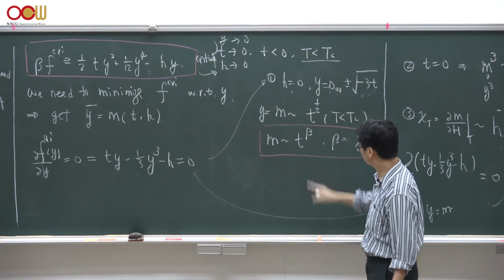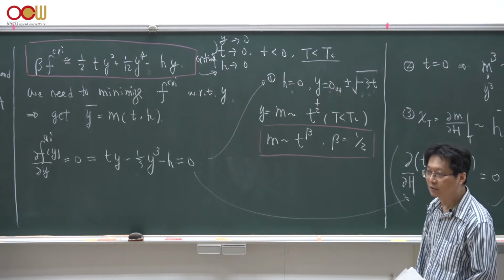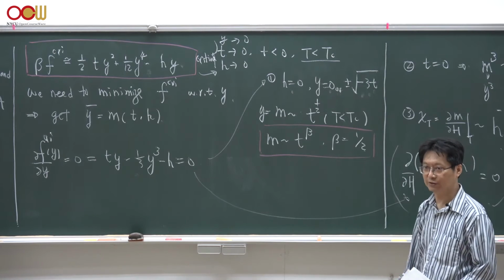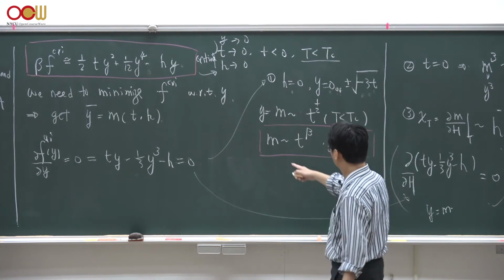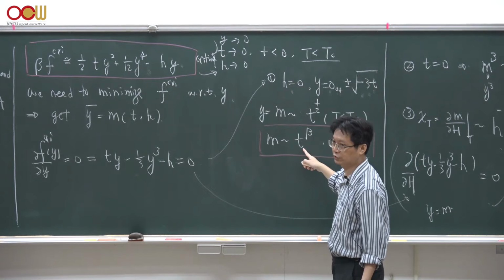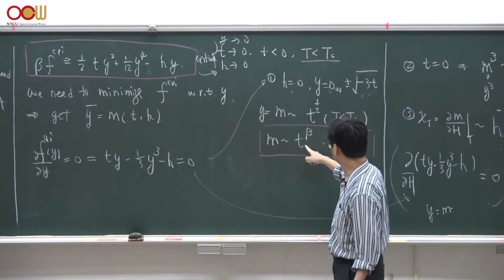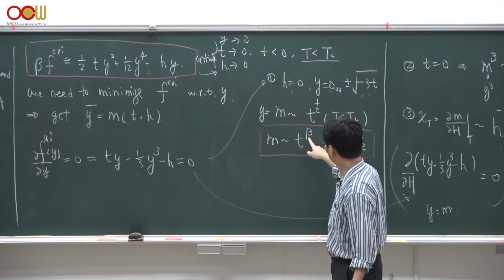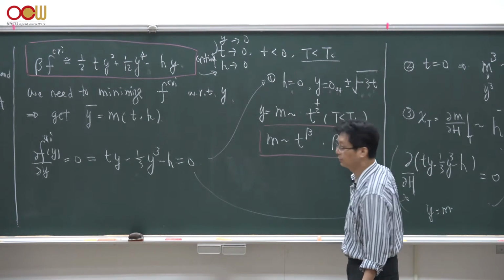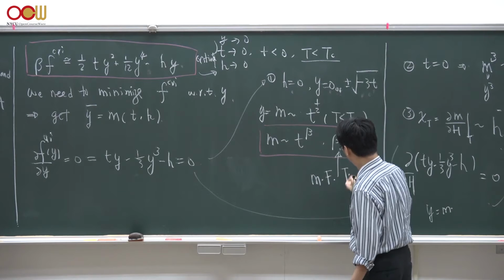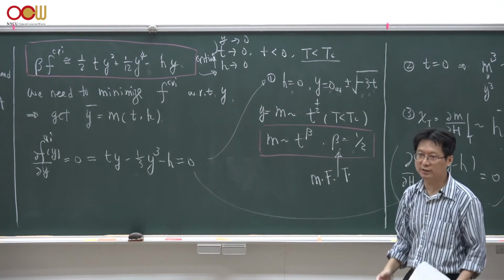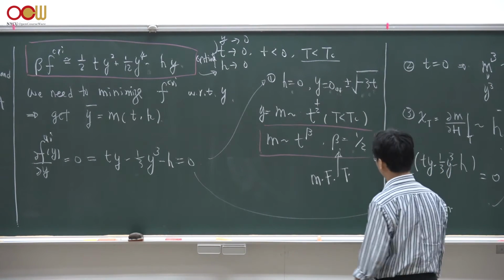This is precisely the relation that we were looking for near the transition, meaning the magnetization vanishes in a power law fashion as the temperature approaches the critical temperature, and that power law exponent beta is found to be 1/2. So this is the first critical exponent that we calculate by this mean field theory.